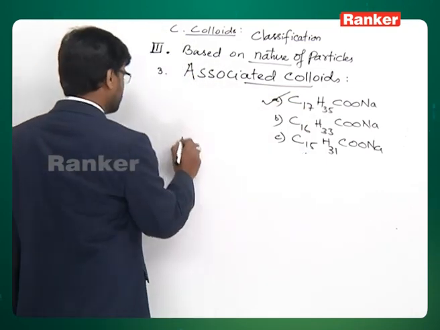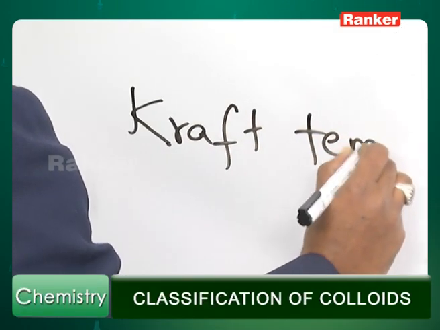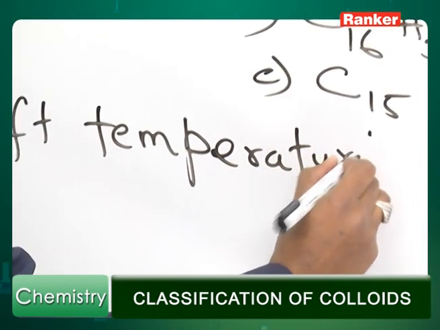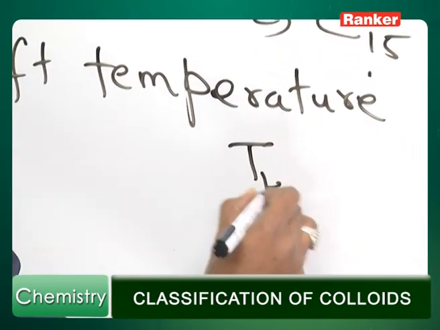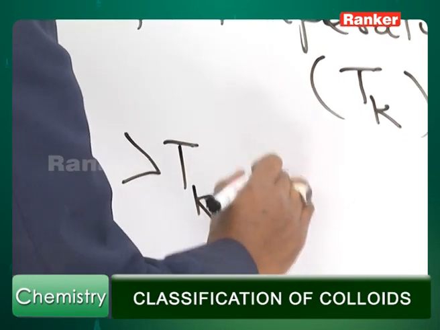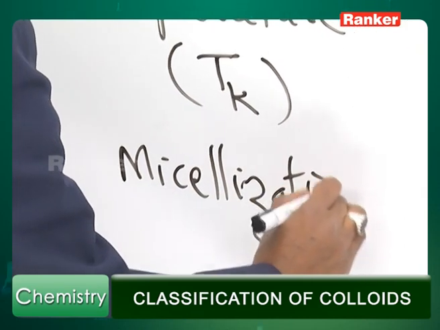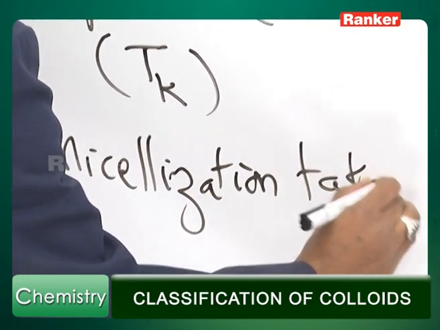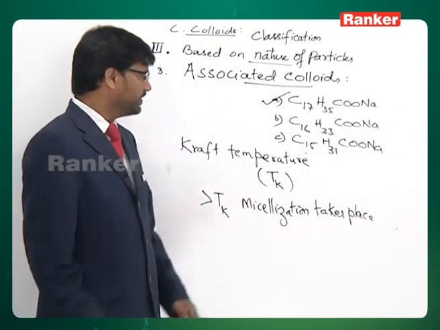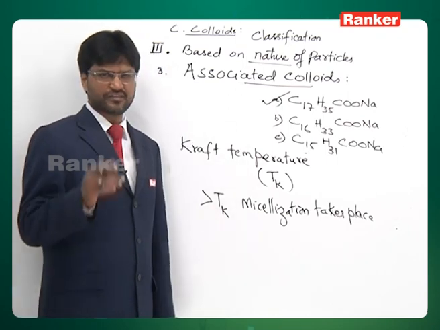Another term I wanted to make you familiar with is Kraft temperature, denoted by Tk. Above Tk, micellization takes place. The temperature below which micellization cannot take place is called the Kraft temperature.